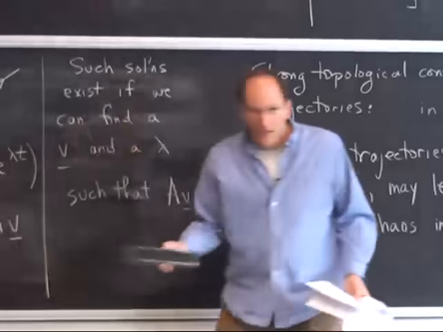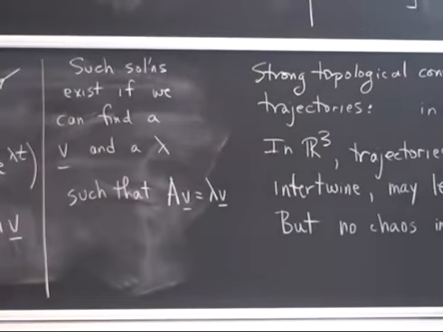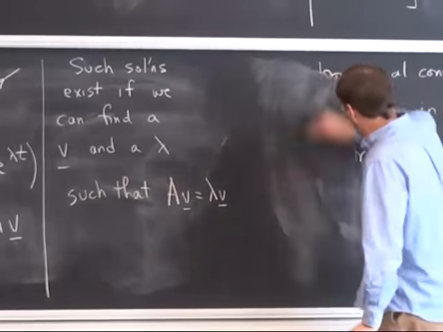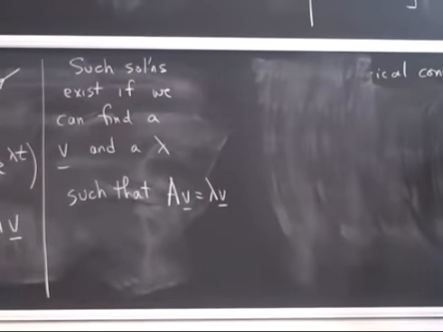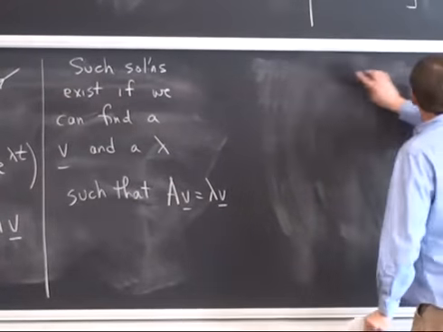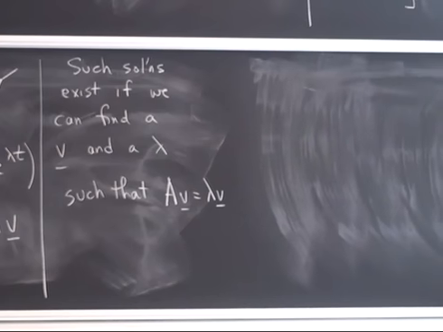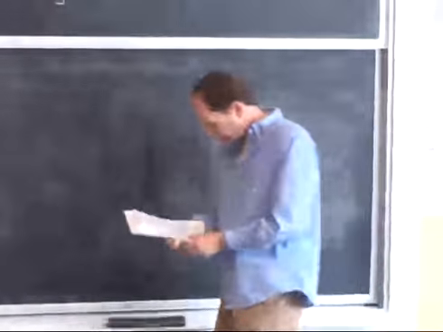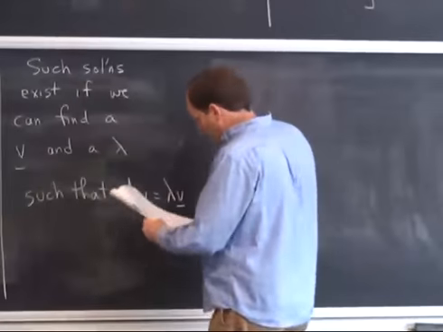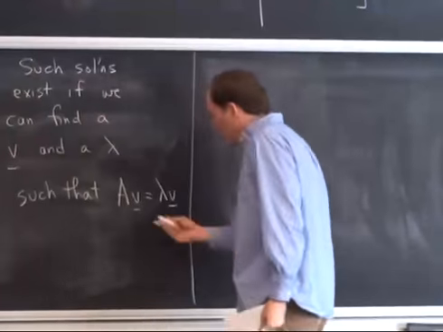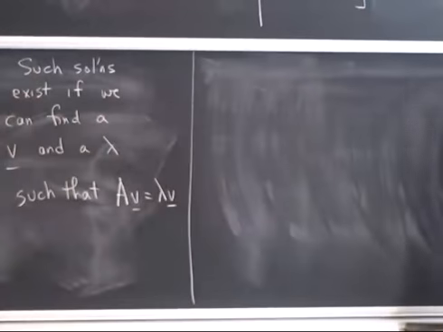And you'll recognize that as the defining equation for an eigenvector v with eigenvalue lambda. Okay, so we would have these straight line solutions if such a v and a lambda exist. And now, do they exist or not? Well, then it becomes this linear algebra question of trying to calculate the lambda and the v.